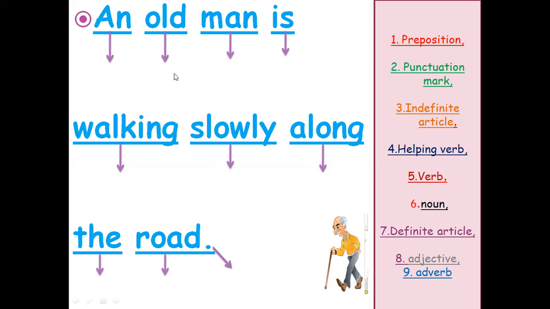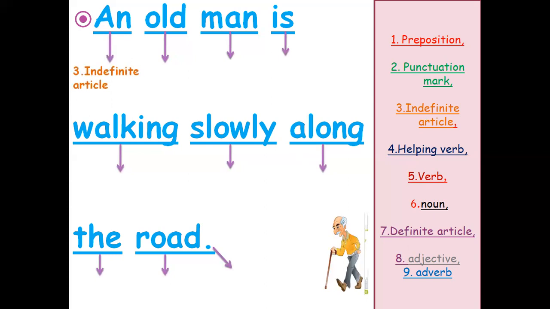This word an may be a preposition or a punctuation mark or an indefinite article or a helping verb, noun, definite article, adjective or an adverb. Can you guess what is the answer for the first one? Yes. The first word an is an indefinite article.